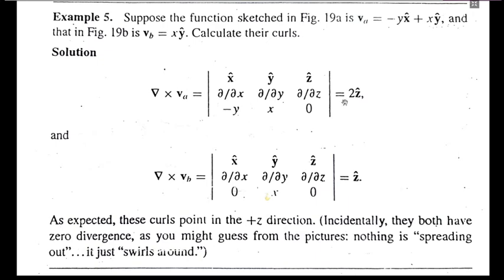If you solve it, it becomes 2z. Similarly, vector b applied with the del operator comes out to be only z. So as expected, the curl points in the plus z direction.